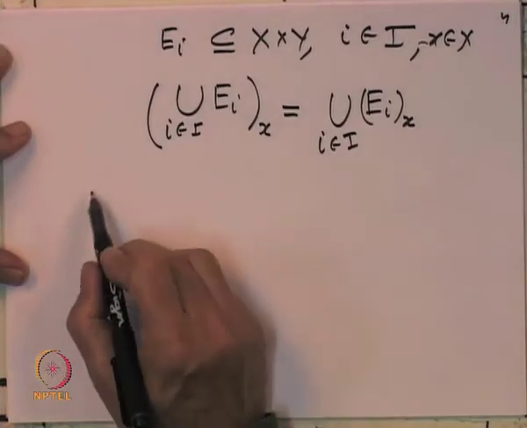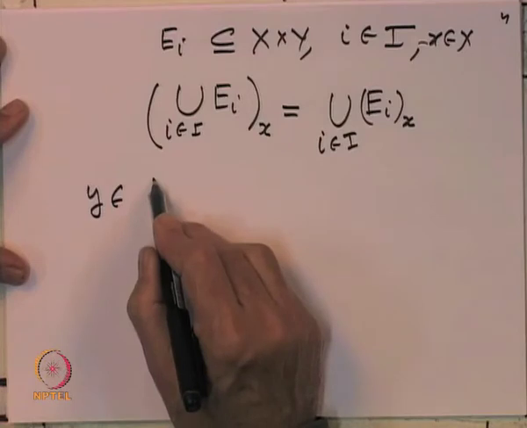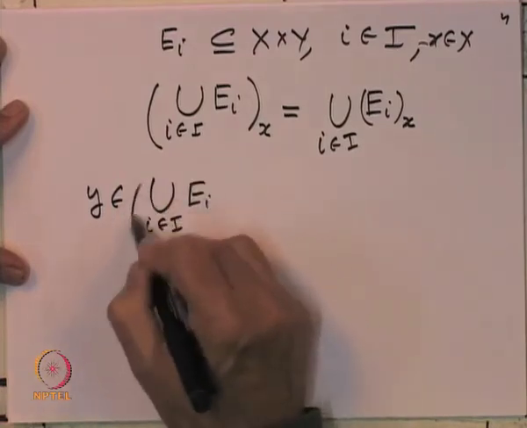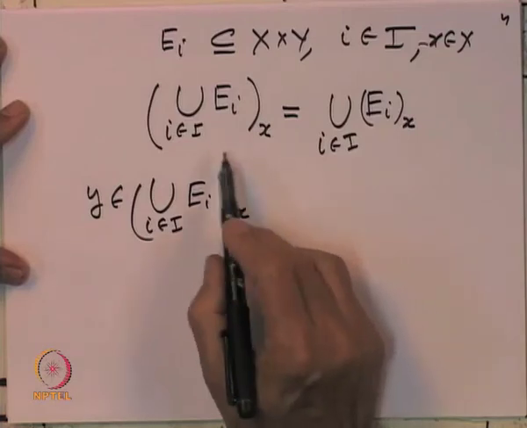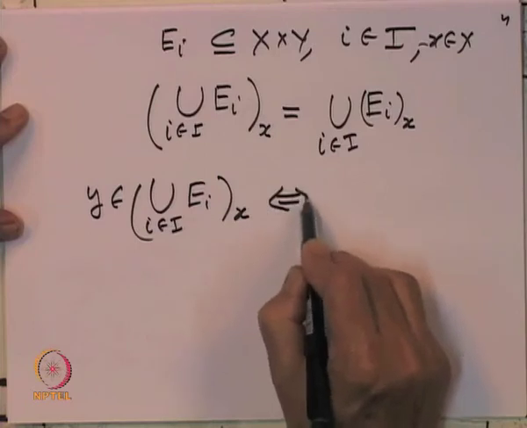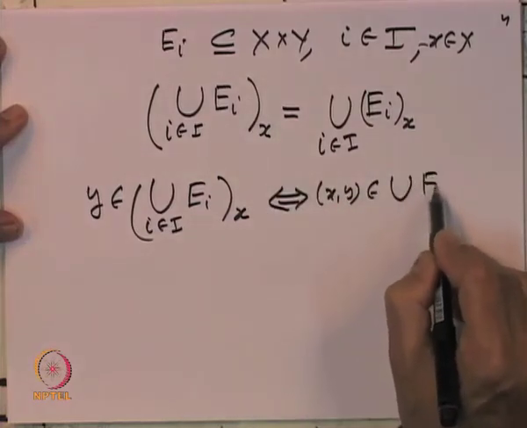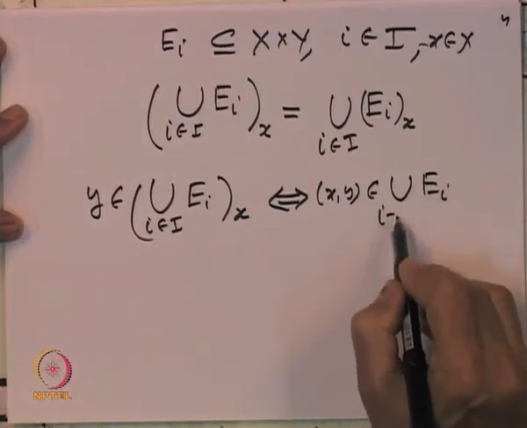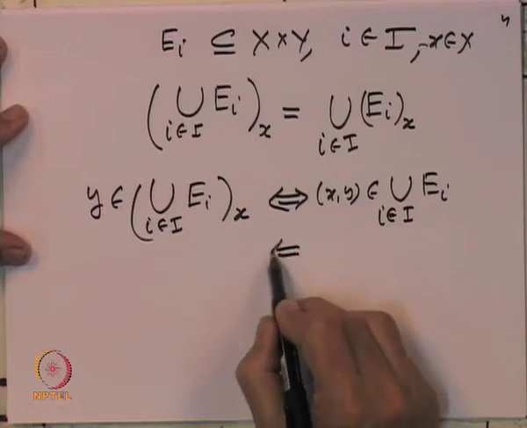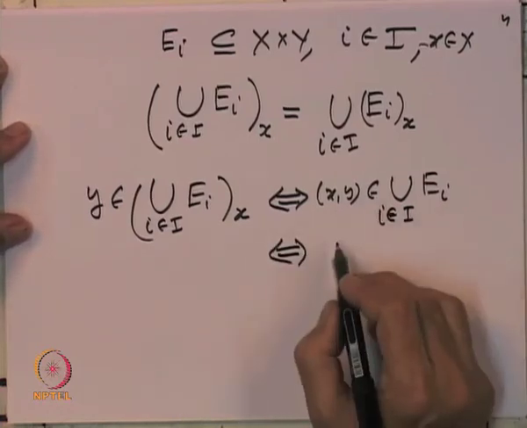So, to prove that, note that y belongs to the left hand side set, that is, the union over i belonging to I of E i, and its section at x. But y belonging to the section at a point x is the same as saying that the point x comma y belongs to the union of E i's, i belonging to I. But the definition of a point belonging to the union means that it should belong to at least one of them.